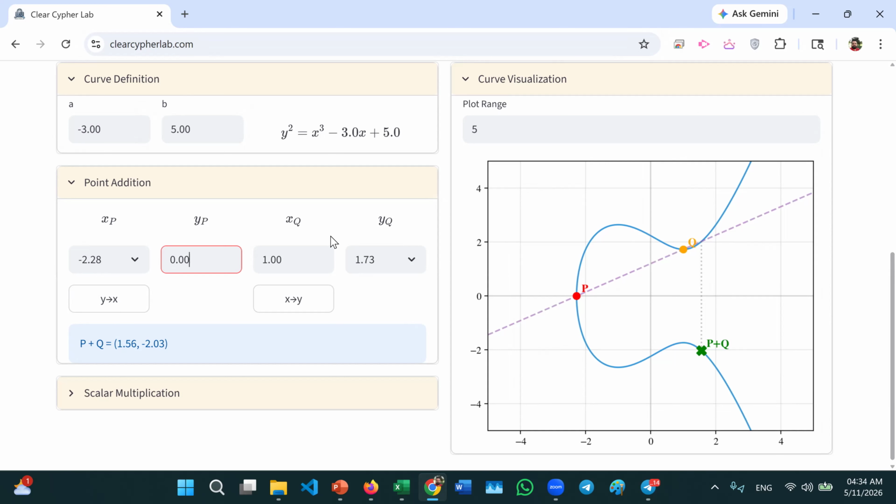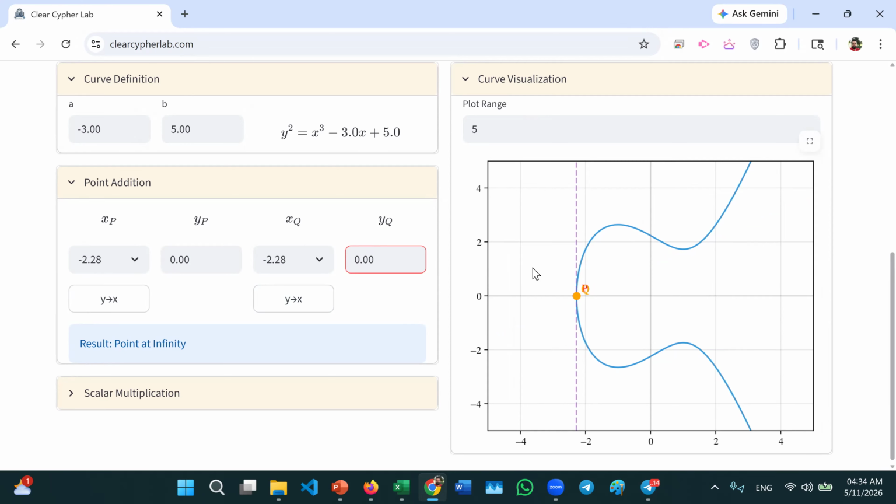For the point Q, I'm going to enter the value of y. So I'm going to insert the value of 0 here, and it automatically sets the value of x equal to minus 2.28, right? So here we have a tangent line that does not intersect the curve.